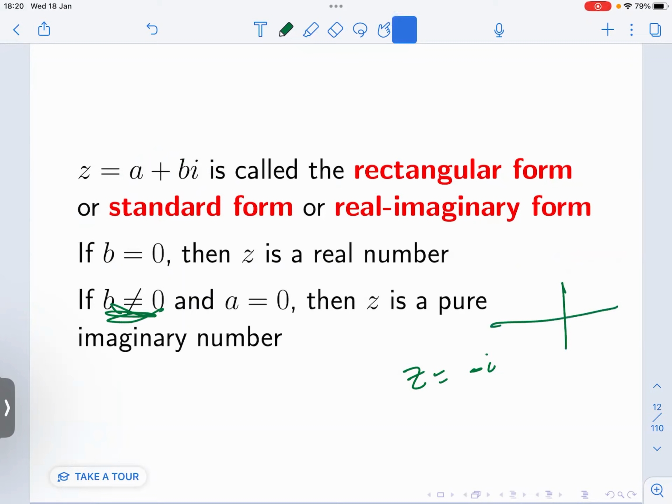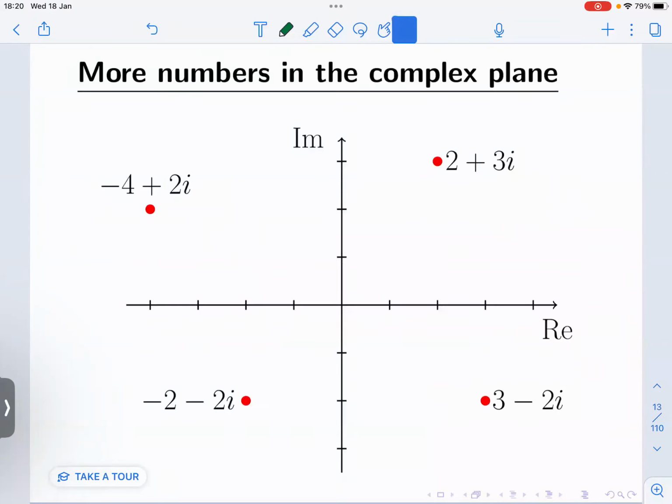So on your complex plane, we are going to move 1 unit downwards in the direction of the imaginary axis, and we do not have any values for x, so our complex number lies on the imaginary axis. And then we have more examples of complex numbers plotted on the complex plane. Again, it's also referred to as the Argand diagram, so you can look out for that.